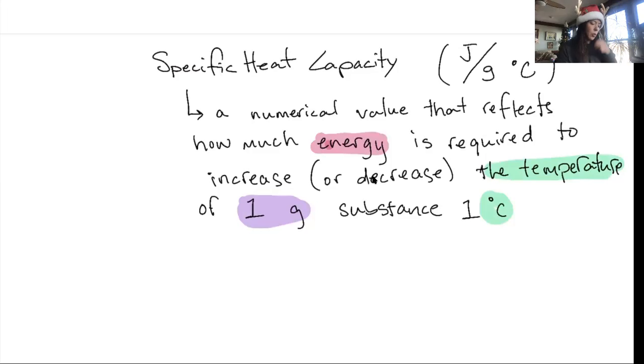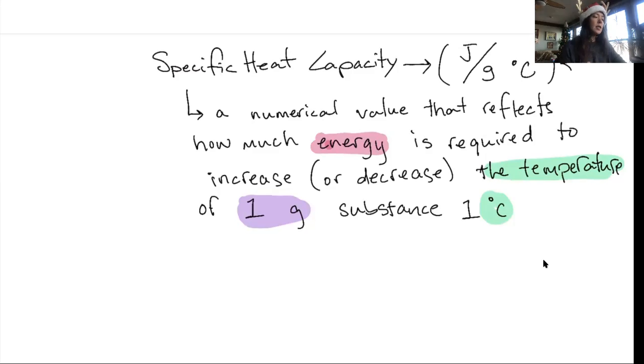Okay, so we see the units for specific heat capacity as joules per gram degree Celsius. The joules is the energy needed to raise 1 gram of a substance's temperature by 1 degree Celsius. It tells us how much energy has to be added.